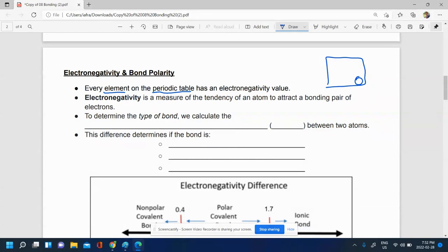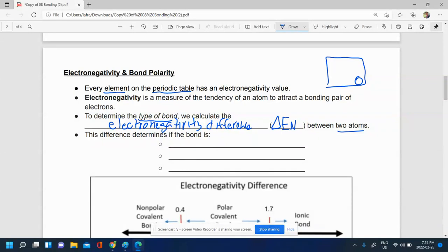So to determine the type of bond that you're dealing with, you need to calculate what's called an electronegativity difference. And we represent that by delta EN, where delta means difference or change in the electronegativity value between two atoms.